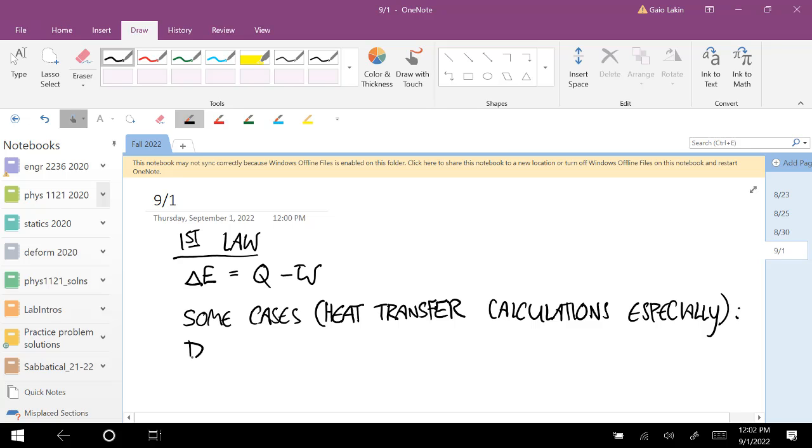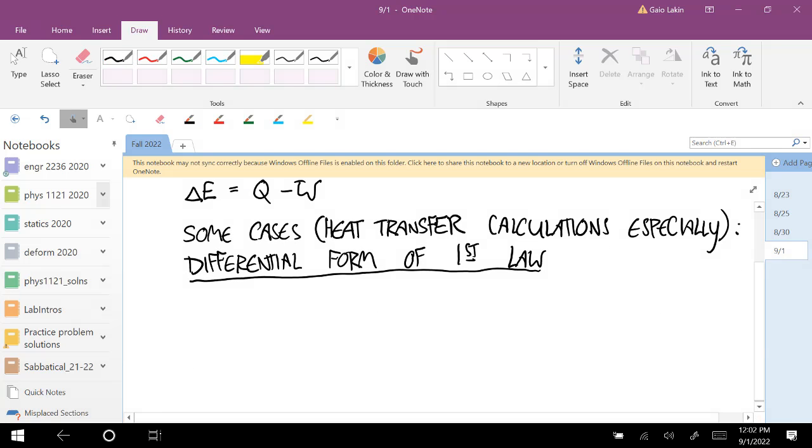We're going to want the differential form of the first law, and that looks like this.